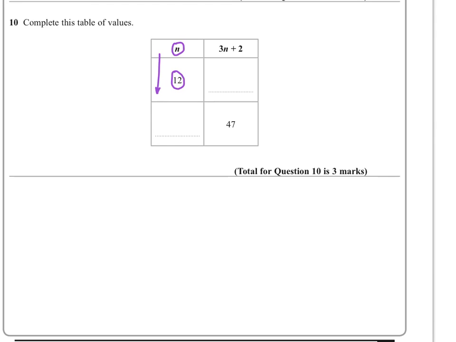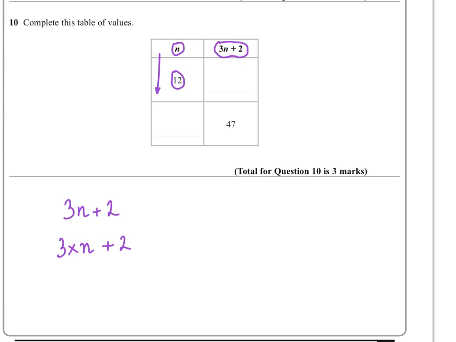And we have to work out what this column is standing for, and that is 3 lots of n plus 2. So it's really trying to test whether you understand what the expression 3n plus 2 actually means. And you should be okay with 3n meaning 3 times n, and then add 2.